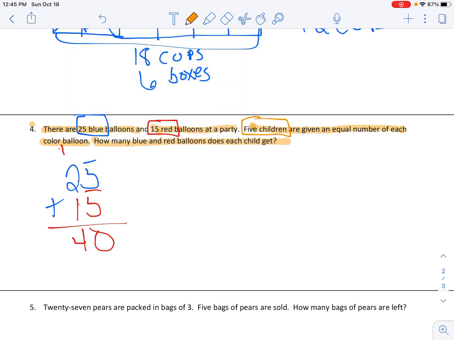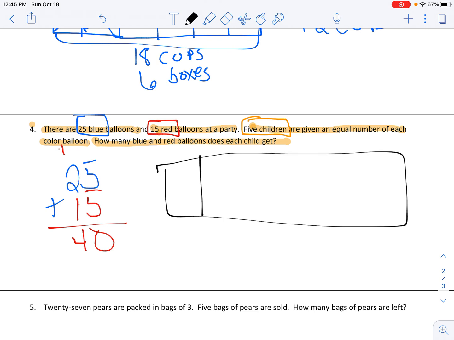And my problem tells me that I have 5 children. So I'm going to draw my tape diagram. 1, 2, 3, 4, 5. There's all the kids at my party.